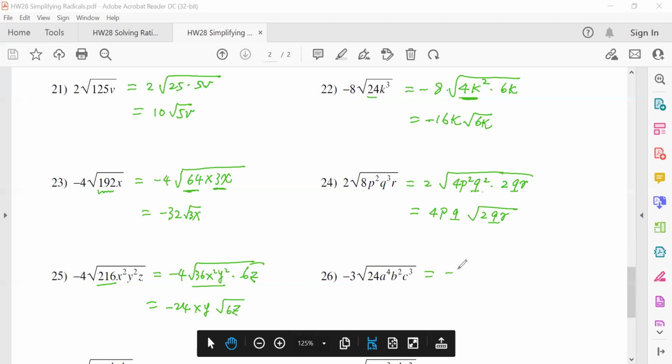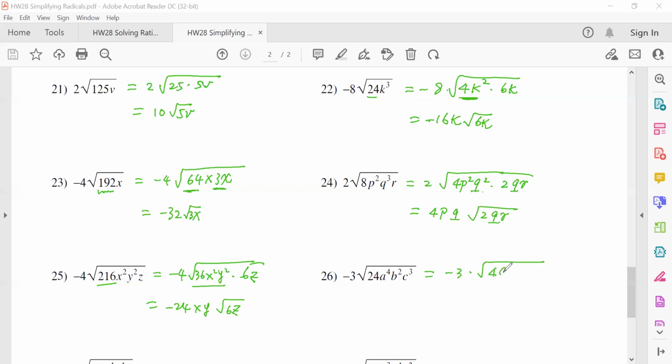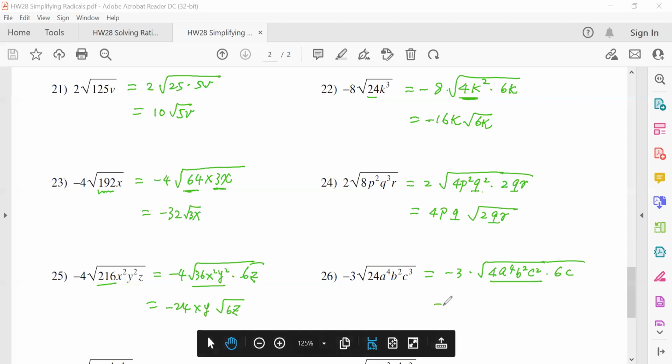All right, so let's do a little bit further for the 26. So here 4a to the power 4 b squared c squared times 6c, right? So we take the rest, only c left here. So this part we can become 2 times -6 a squared b c square root 6c.